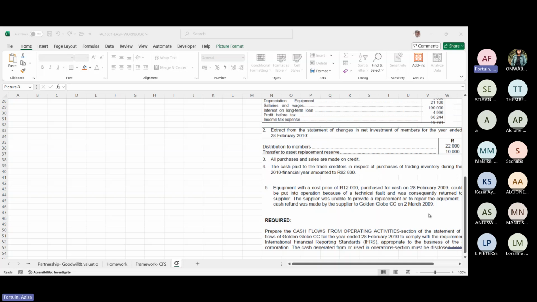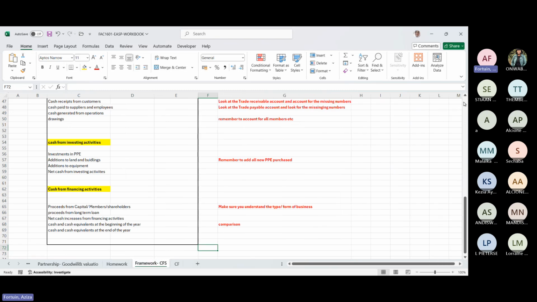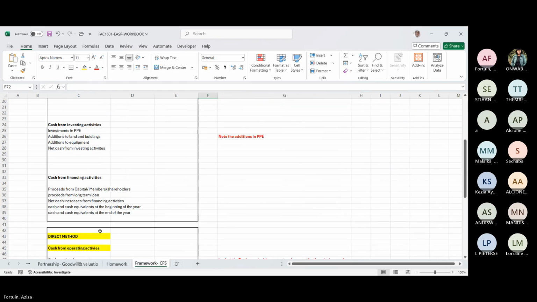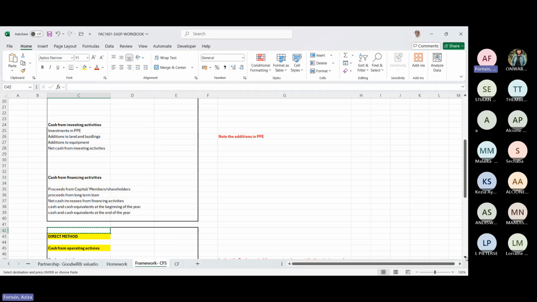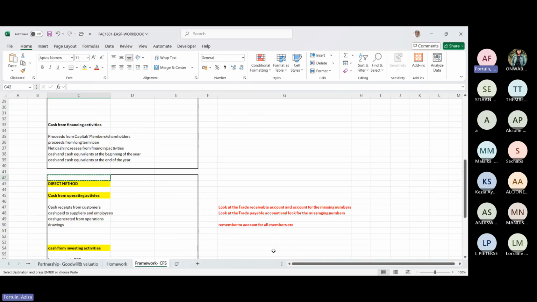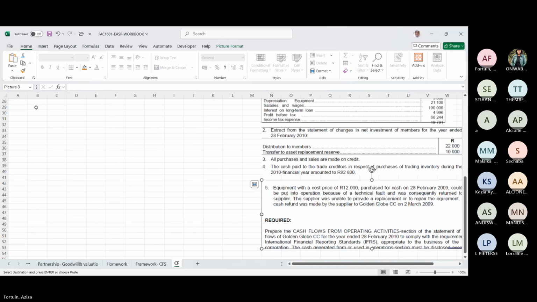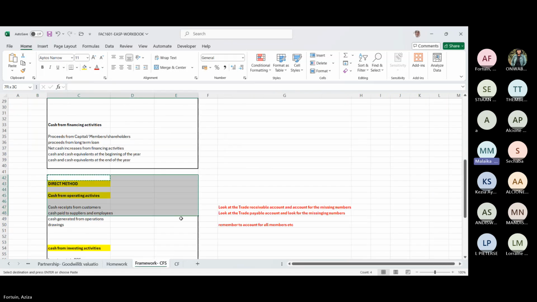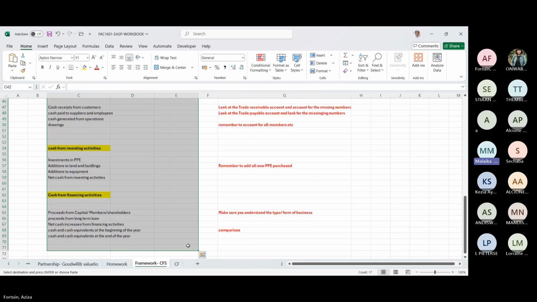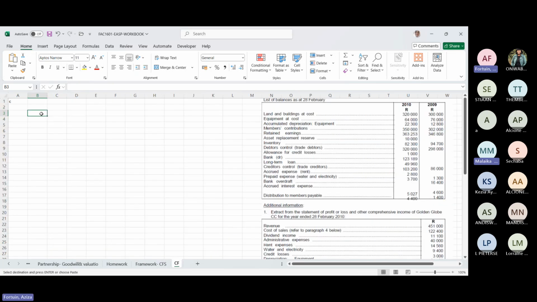Okay, so I'm going to give you 5 minutes, and all I want you to do is the cash from customers, cash from operating activities. Let's just see. I want you to do the cash receipts from customers. I'm going to give you 5 minutes to read it, and then we can work through it.